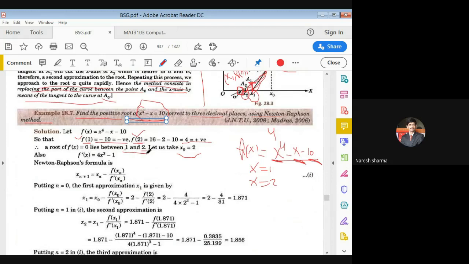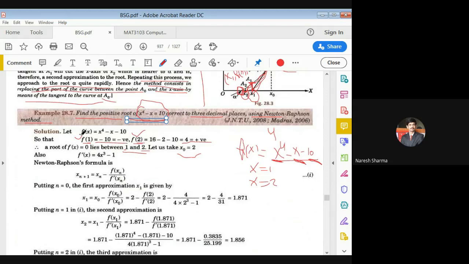You may choose 1.1, 1.5, or 1.4. You get the same result always. The only difference is that you may go for 1 or 2 steps more, right? It doesn't matter.